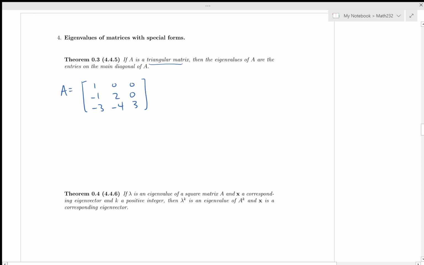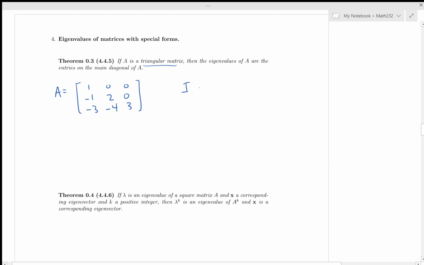There's a lower triangular matrix, and I claim that the eigenvalues are lambda 1 equals 1, lambda 2 equals 2, lambda 3 equals 3. That is true, but let us go through the procedure this one time. Never again am I going to probably go through the procedure when I have a triangular matrix, because I can simply write out what the eigenvalues are.